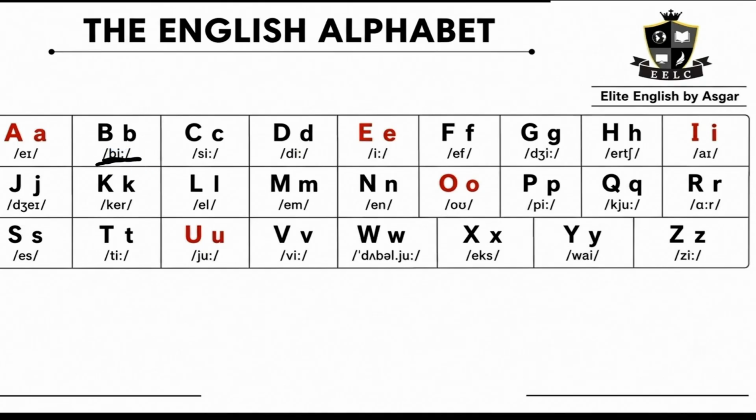So exactly A, E, I, O, U. They are the vowels we have in English, and the ones mentioned below are called the phonetic description. Got it?